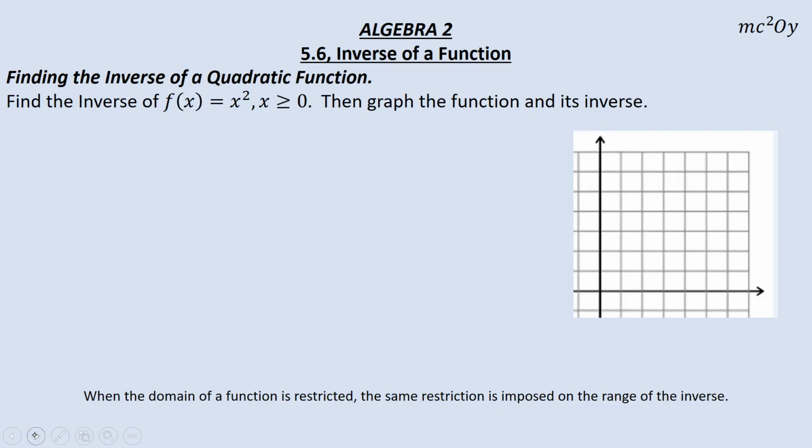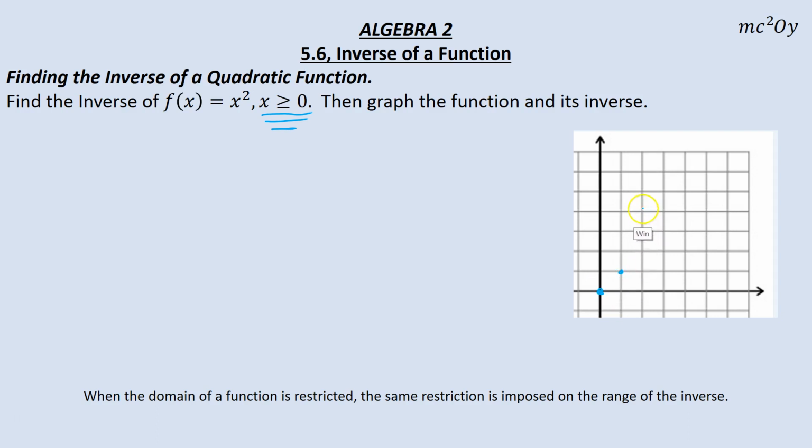So if I'm going to look at some graphs here, first find the inverse of the function f of x equals x squared when x is greater than or equal to 0. So notice I'm restricting the domain this time, then graph the function. Let's graph that function first. f of x equals x squared when x is greater than or equal to 0.